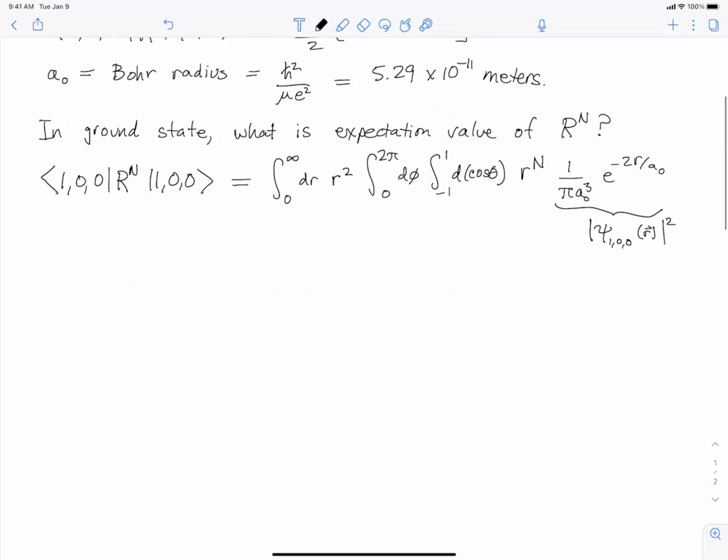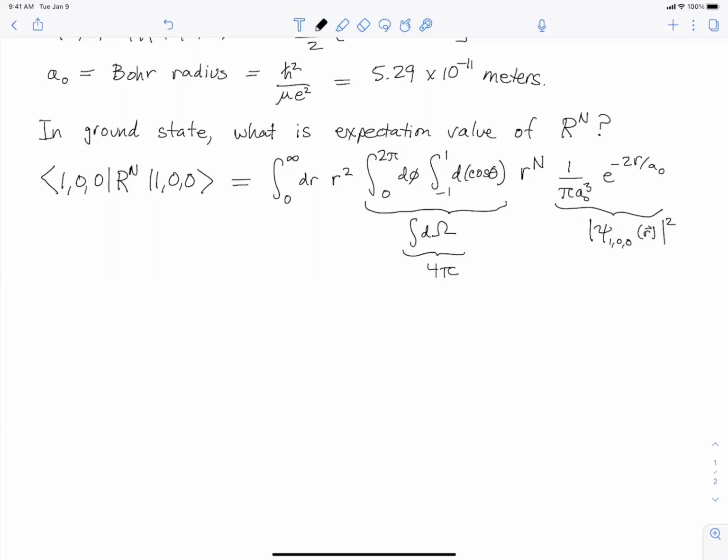Okay, so this is not too hard to calculate. The first thing to notice is that the wave function of the ground state doesn't depend on the angles at all. So we can just go right ahead and compute the integrals over the angles. This is what we've otherwise called d omega, and that's just equal to 4 pi.